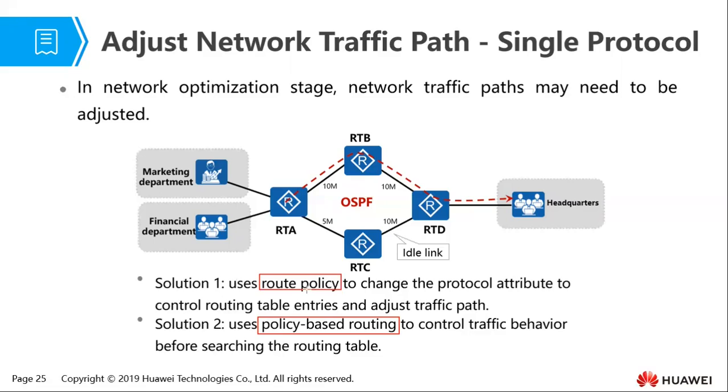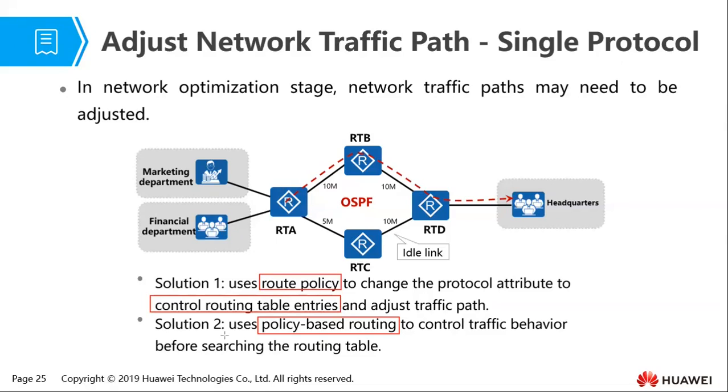You use the route policy to change the protocol attributes to control routing table entries and adjust traffic path. So a route policy can control the routing table entries, that is, what is learned, and their priority and their preferences and things like those.